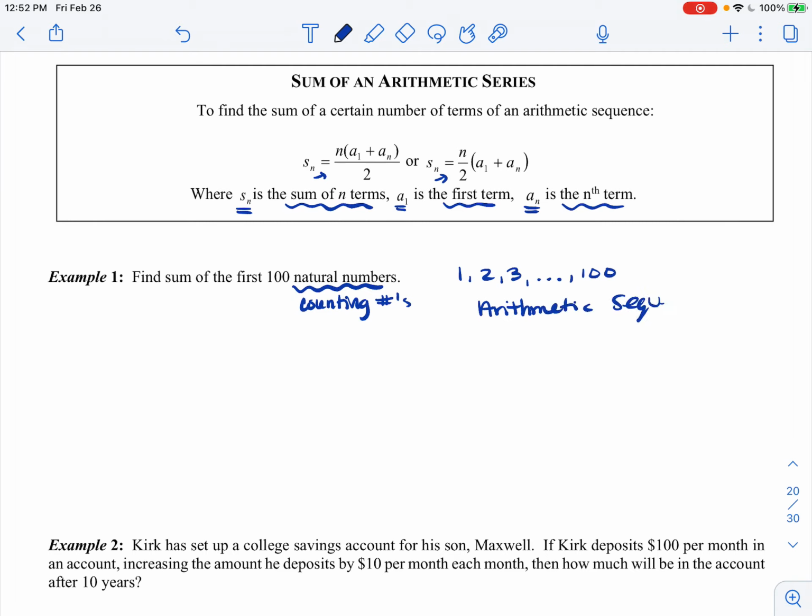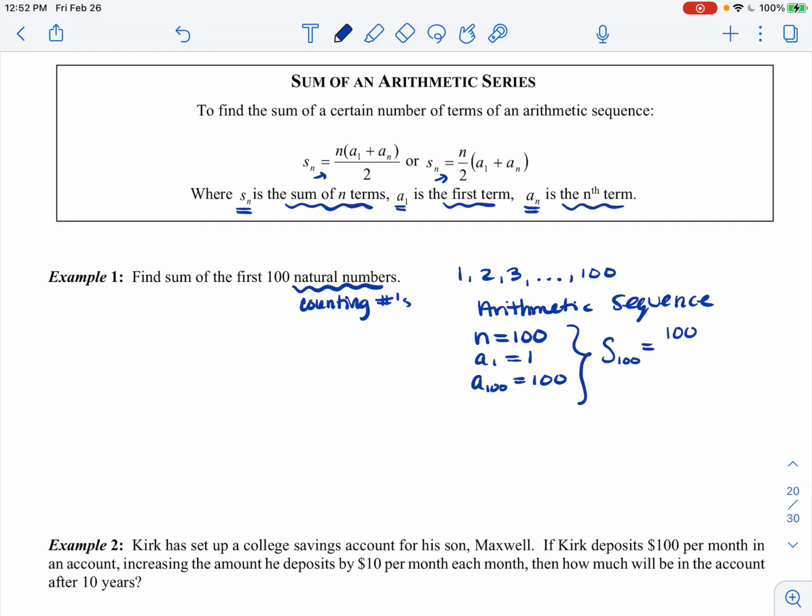And if I wanted to add all of these terms up, 1 plus 2 plus 3 plus 4, all the way up to plus 100, one way to do that would be to use the arithmetic series formula. So I'm adding up 100 terms. I know my first term is 1, and my 100th term is 100. Those 3 things are what I need to find the sum of those 100 terms.